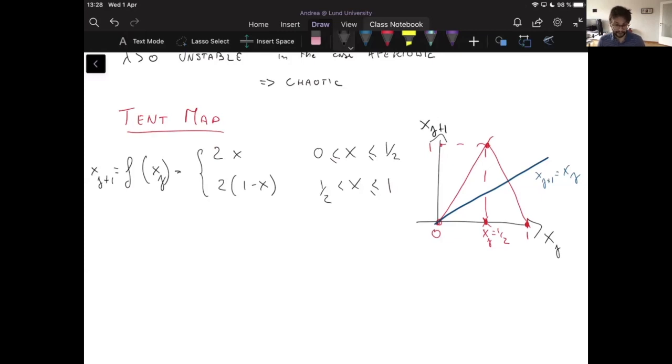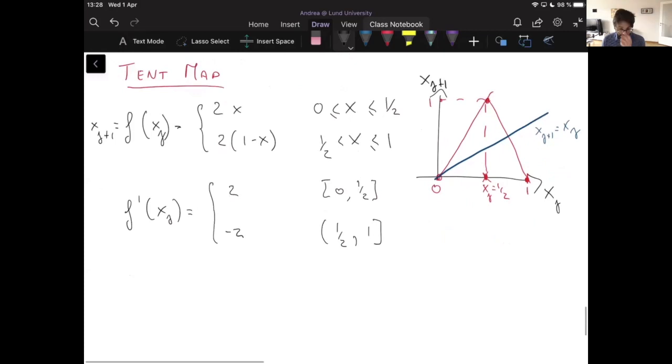In the tent map, this comes way easier, because maybe you notice that it has a very peculiar property: the derivative of this map, which as you remember teaches us a lot about the stability of our system, is basically just either 2 or minus 2. It is 2 when you are between 0 and 1/2, and minus 2 when you are between 1/2 and 1. So this is very, very simple.